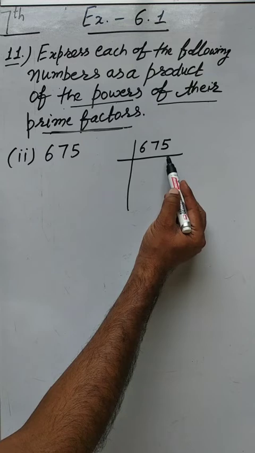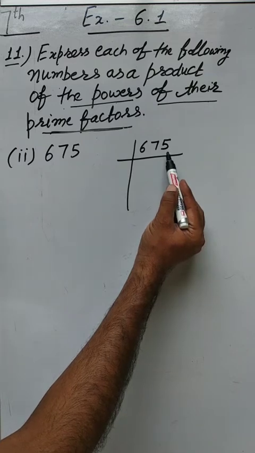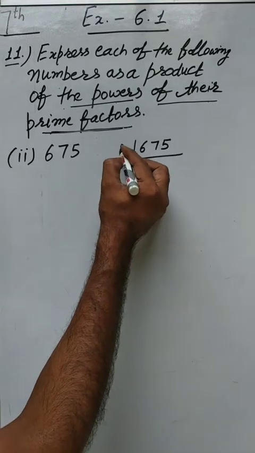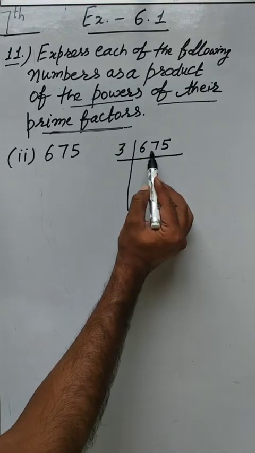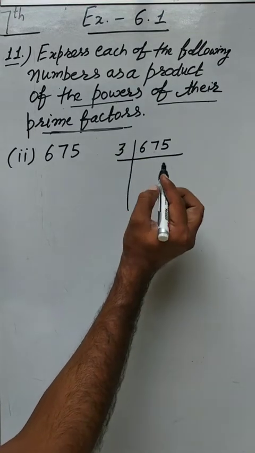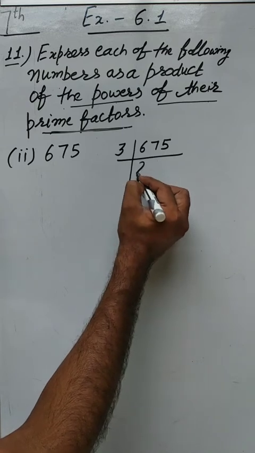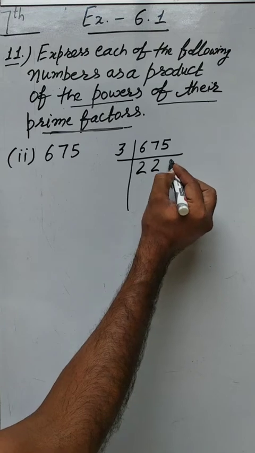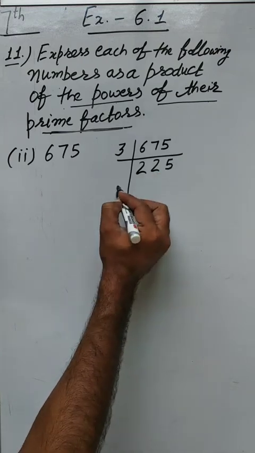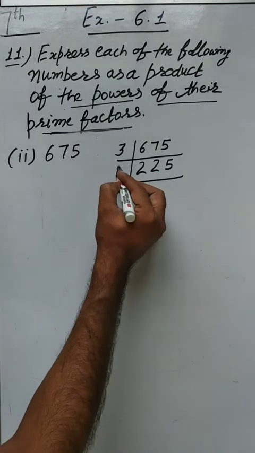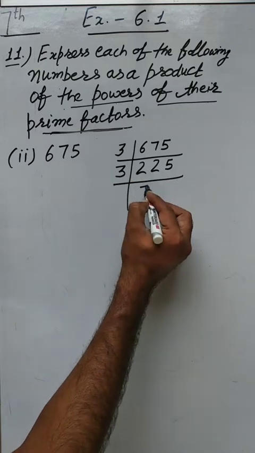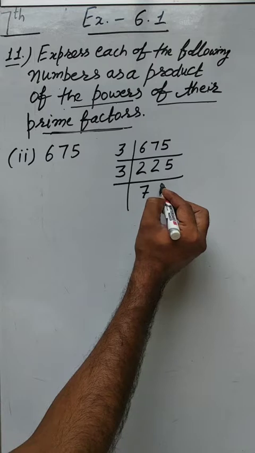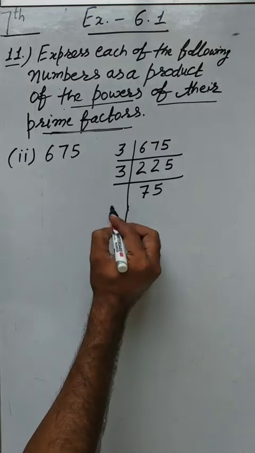First of all, it is an odd number. Check its division. It is divided by 3. So when it is divided by 3, 3 twos are 6, 3 fives are 15. Again on 3, beta, 3 sevens are 21 and 3 fives are 15.